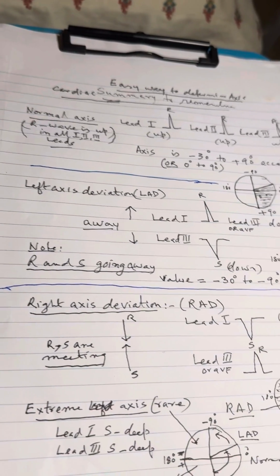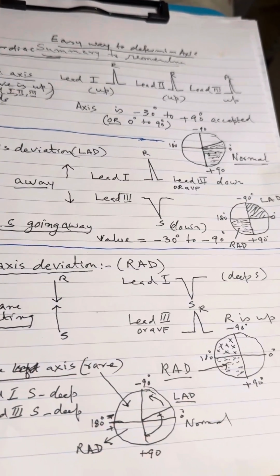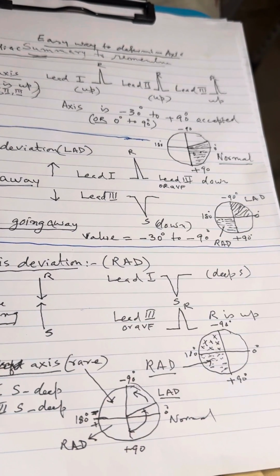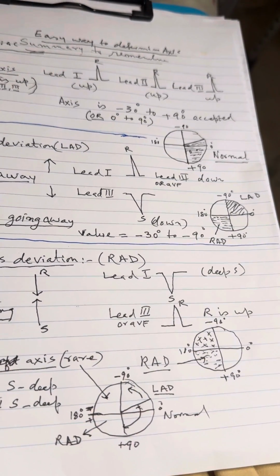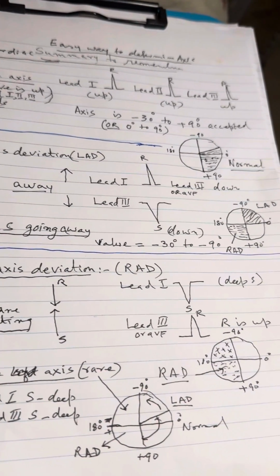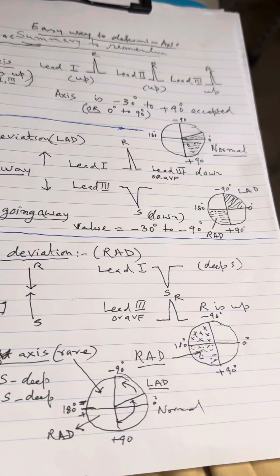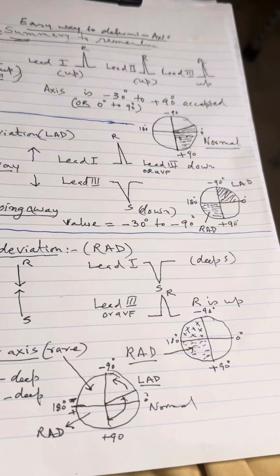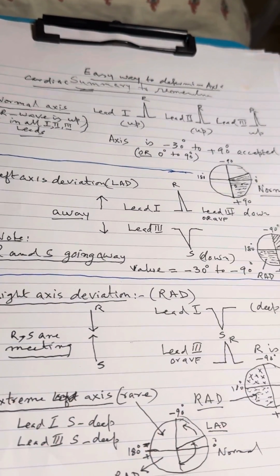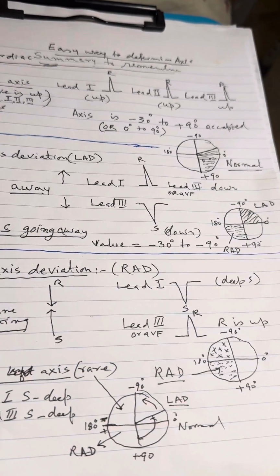In left axis, you will find that the R wave is going up in lead 1, while in lead 3, the S wave is going down. That means they are going away. S and R are going away. This means the person has left axis deviation.